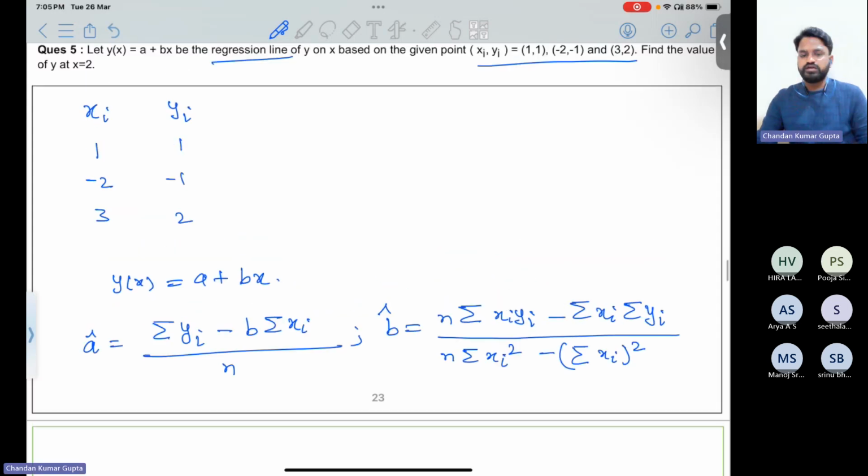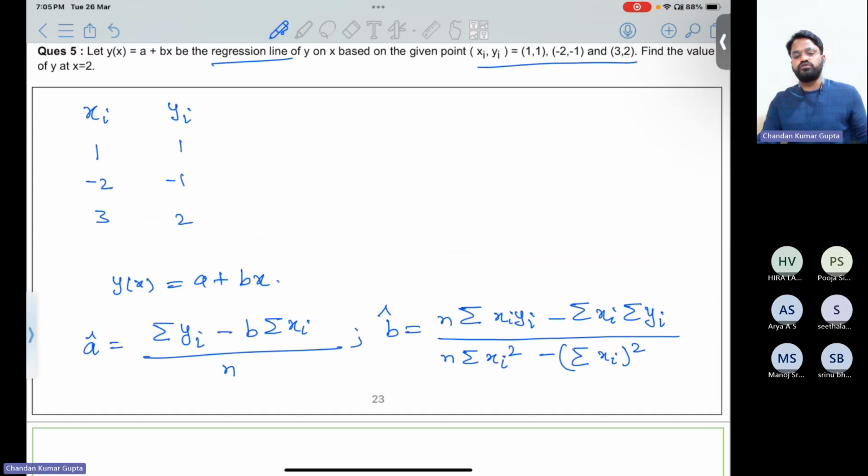In the method of least squares, when we minimize the squared error, the estimate for the regression line is like this.